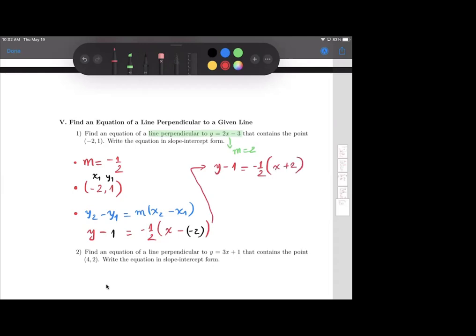I'm doing it slowly. Distribute the negative 1/2. So I have y minus 1 equal negative 1/2 x, and 1/2 times 2 is what? It's 1, right? Or negative 1 here. Add 1 to both sides. So I have y equal negative 1/2 x plus 0, right? Or it's just nothing.